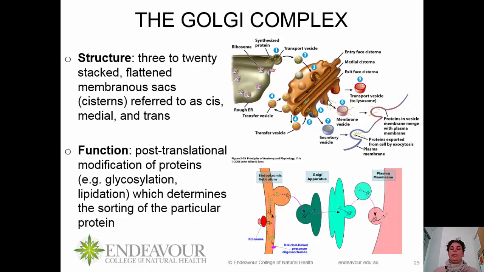So for example, if you're glycosylated, i.e. you have a protein that has sugar on top of it, you're most likely to be put on a bus that takes you to the plasma membrane. That bus being a vesicle. Here's our transport vesicle or membrane vesicle, okay?